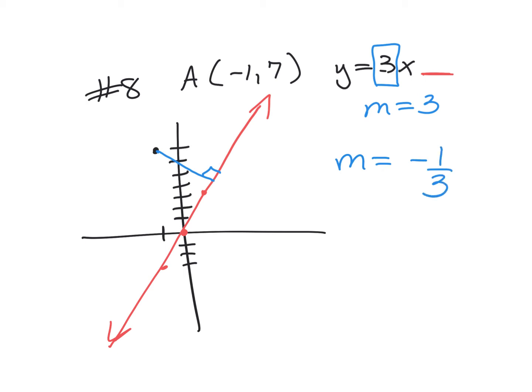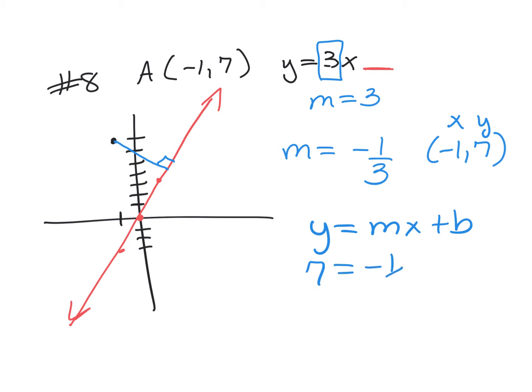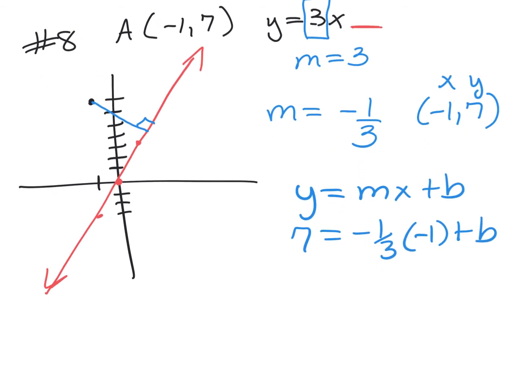And now I'm going to use the ordered pair, and plug that into y equals mx plus b. So I'm going to plug in, this is x, this is y: 7 is equal to -1/3 times -1 plus b. 7 is equal to +1/3 when I multiply that.